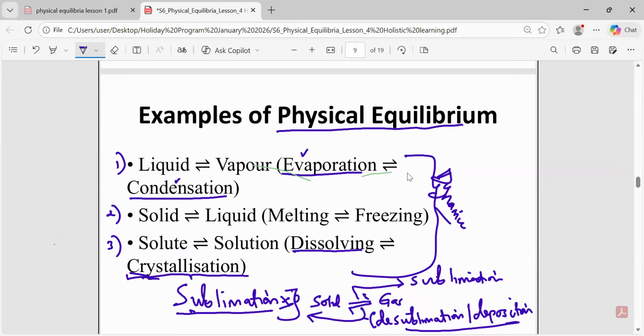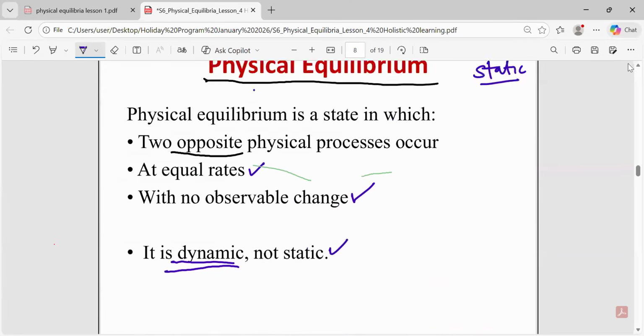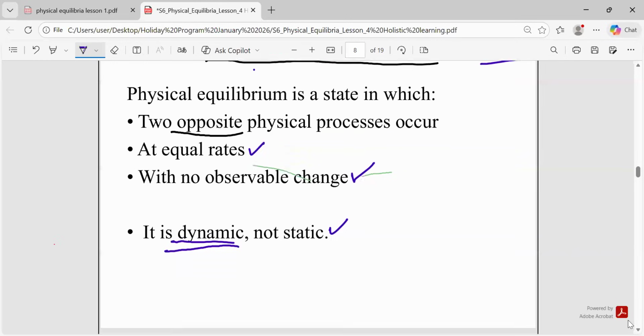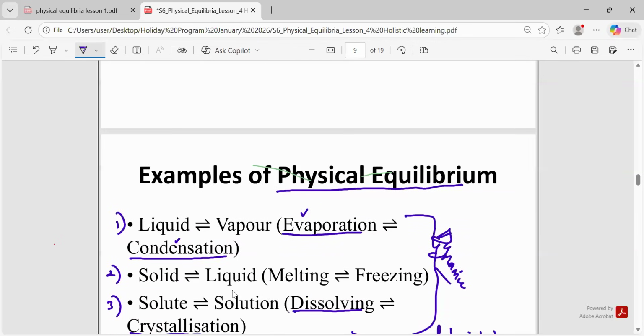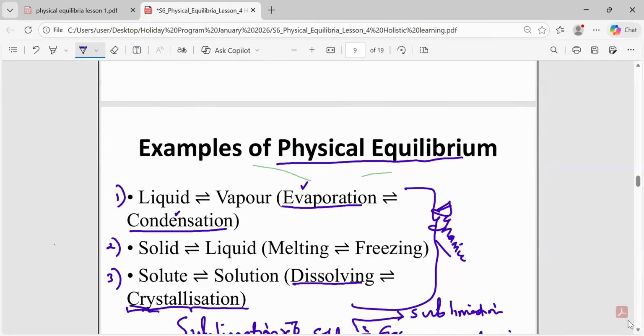As we go through all this, we shall not forget what we have already talked about as physical equilibrium: that state in which two opposite physical processes occur at equal rates with no observable change, this whole process being dynamic. That's why we're saying two processes: a liquid and a vapor, a solid and a liquid, and a solute and a solution.